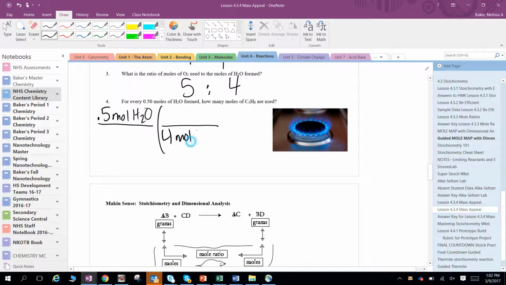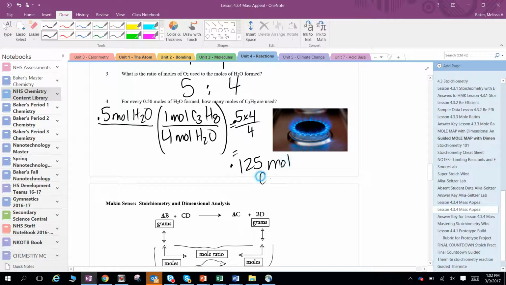We multiply across the top, divide by the bottom, and the answer comes out to be 0.125 moles of C3H8. So those moles of water cancel out.